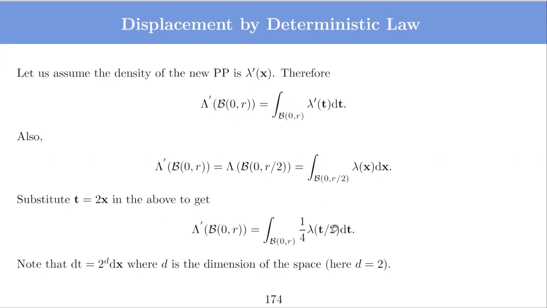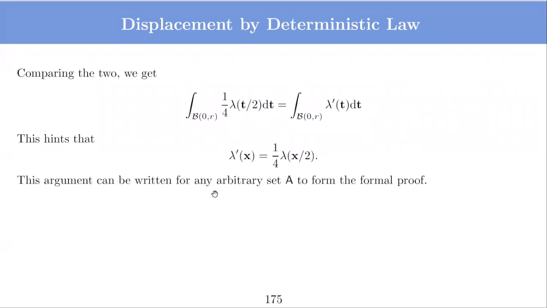Okay, now I can compare this and this. Because their limits are the same, I can compare these two, and what I get is lambda dash t is equal to 1 by 4 lambda t by 2. So the density of the new point process will be equal to 1/4 of lambda x by 2.